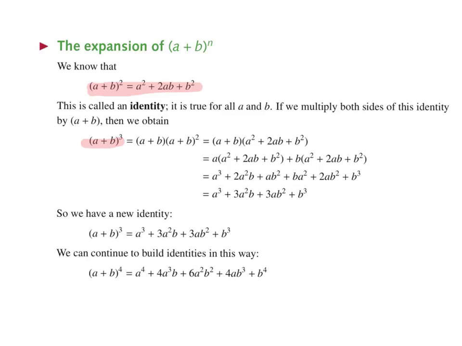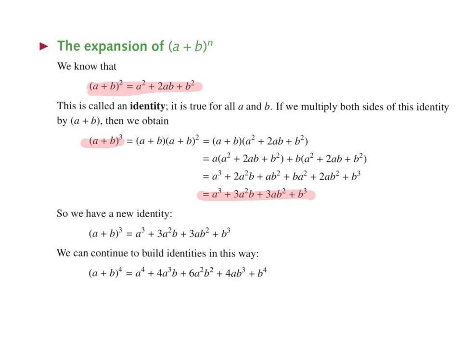So they've shown the long way here, but the answer we're looking for is here. So we end up with a cubed plus 3a squared b plus 3ab squared plus b cubed. Now remember that this squared here is only impacting that b, and that squared is only on the a. Unless there's brackets, it's not on both of those letters.